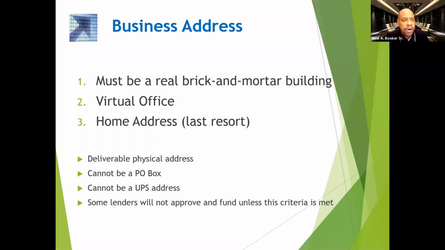The first option is to have a brick and mortar storefront. You must have a location where you can accept packages, okay? But not everybody can do the brick and mortar, because that's kind of expensive for startups. So the next option would be the virtual office.